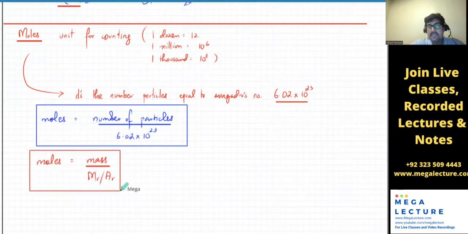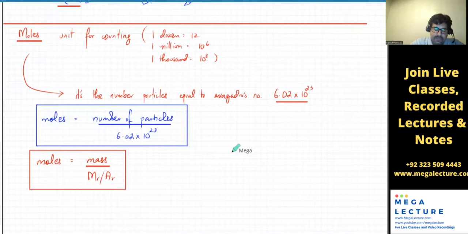Now this formula works the same way: if you know the quantity, you can convert it into mass. Like if I know that one apple has a mass of 200 grams, then 10 apples would obviously be the mass of one apple multiplied by 10, which is 2000 grams.